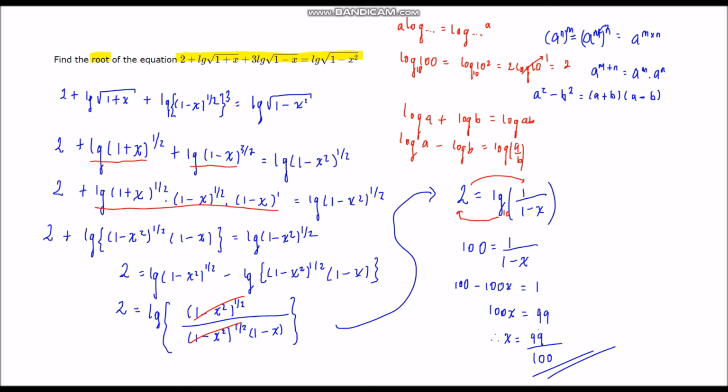Or you can also write this as 0.99. So, or maybe if you don't want to write it in fraction form, this is also equal to 0.99 in decimals. Thank you.